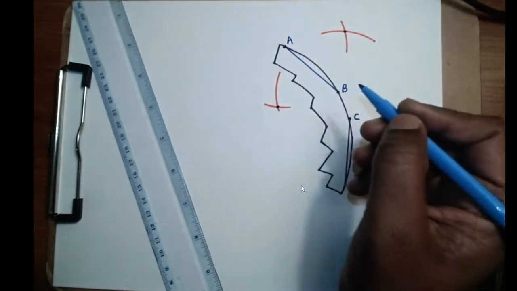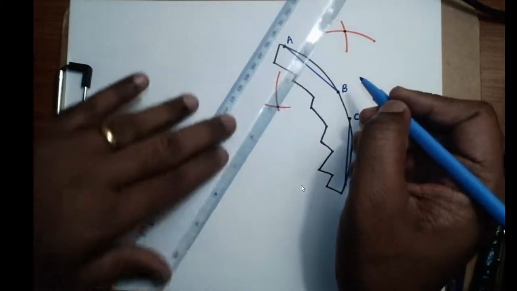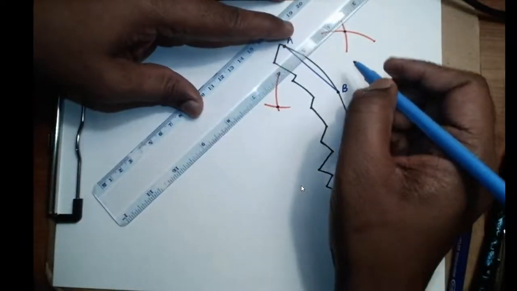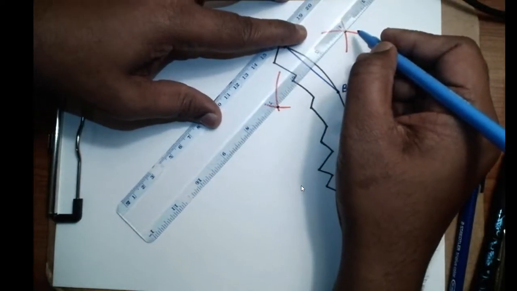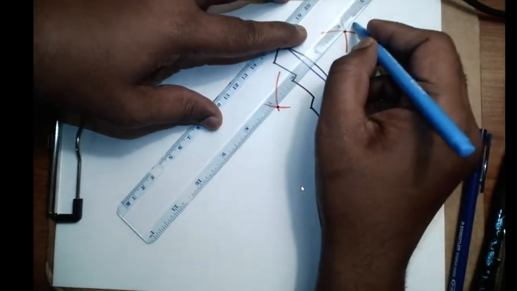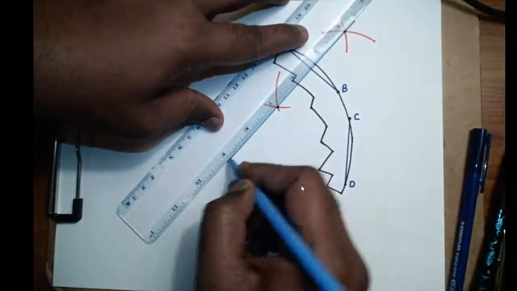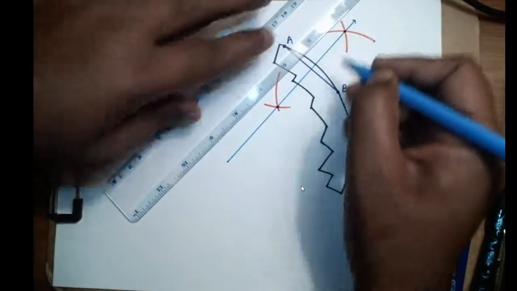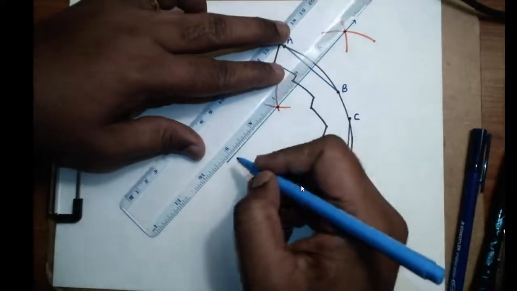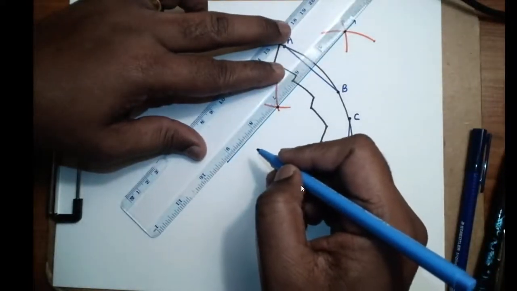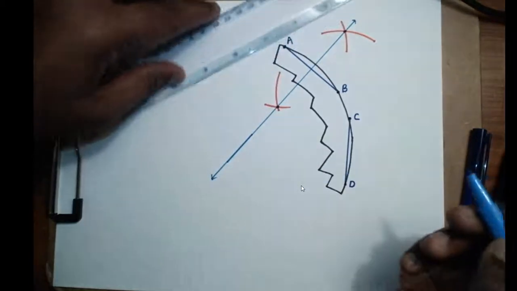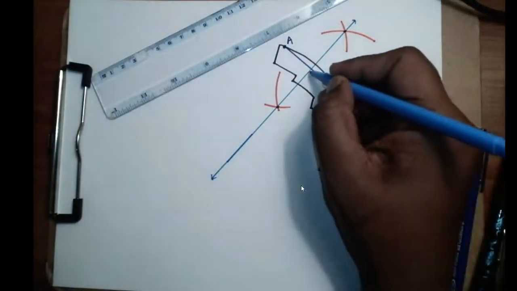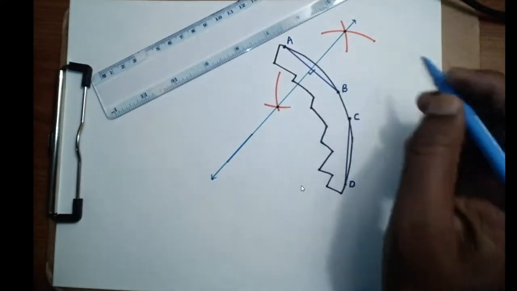Now you just draw a line joining those two points of intersection. This line is nothing but your required perpendicular bisector. We can extend it if we have to. Now you have one perpendicular bisector on the chord AB.